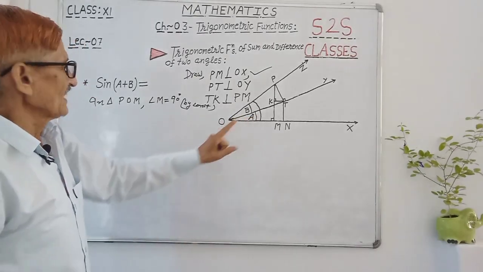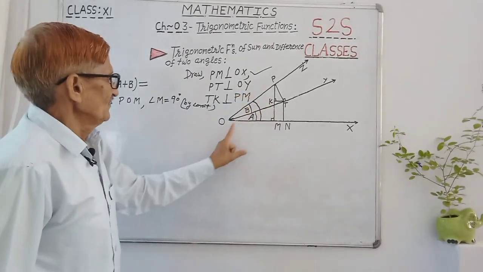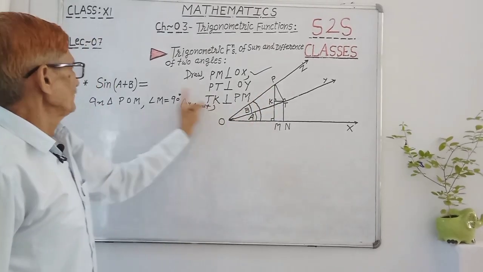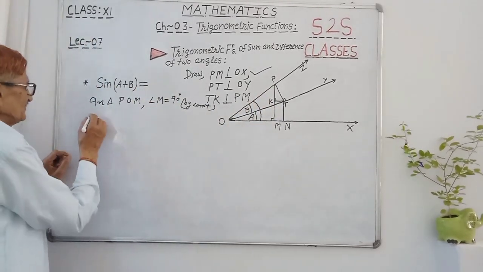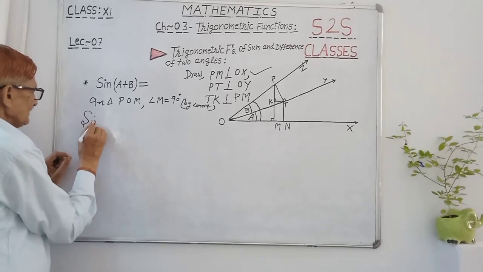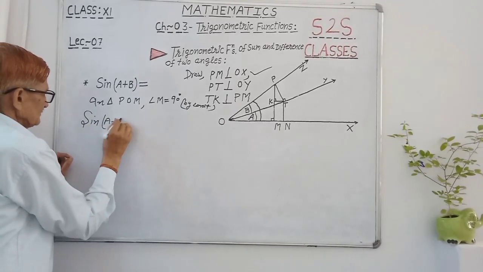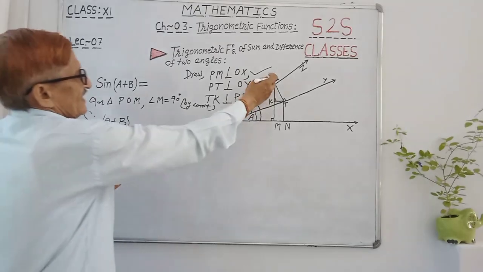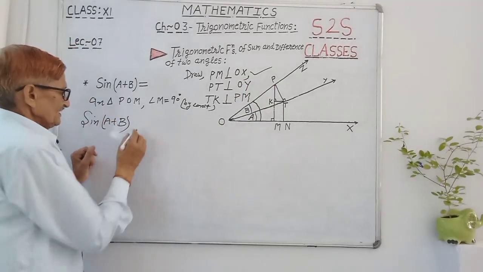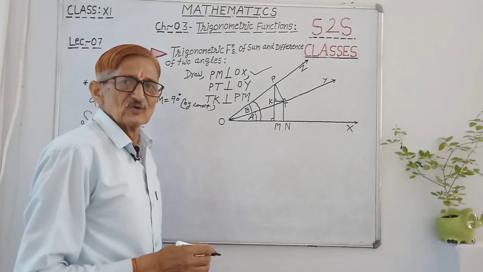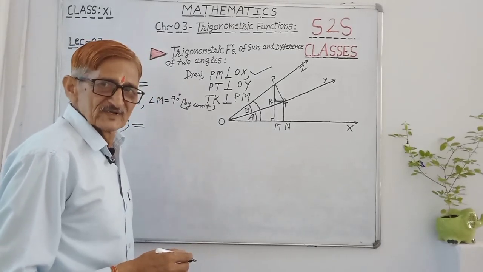So now in this right triangle POM, angle POM is A plus B. So sin(A + B), this full angle POM, is equal to sin theta equals opposite upon hypotenuse.